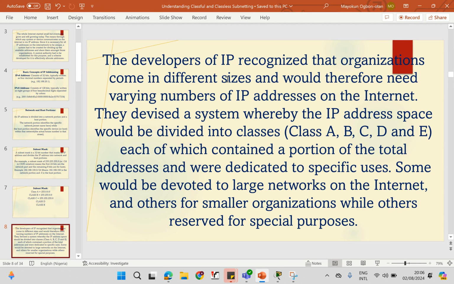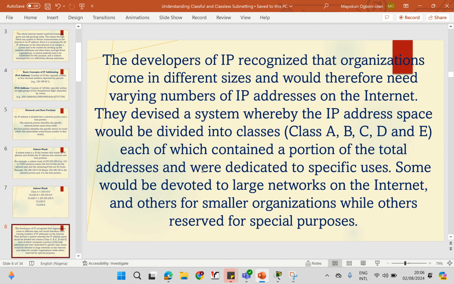Now, the developers of IP recognized that organizations come in different sizes, which is true, and would therefore need varying numbers of IP addresses on the internet.